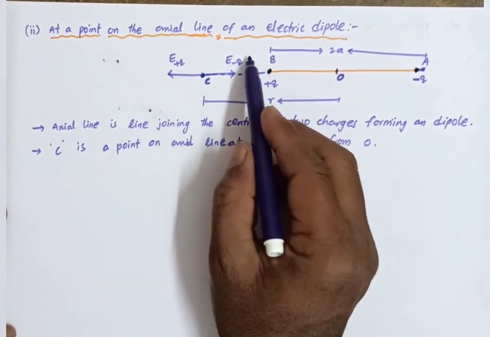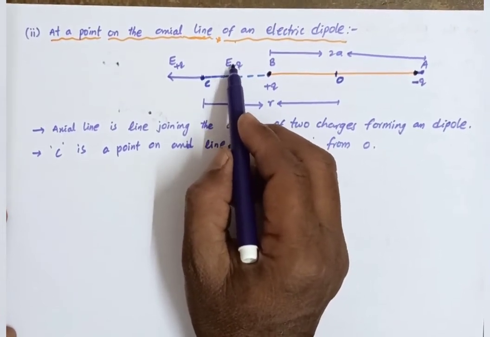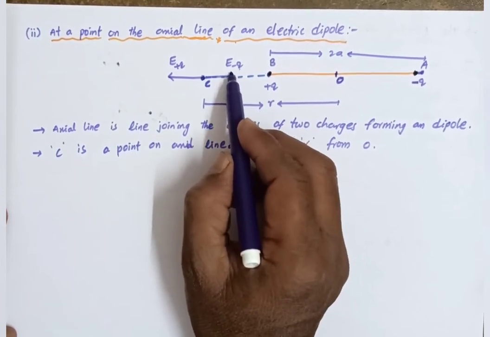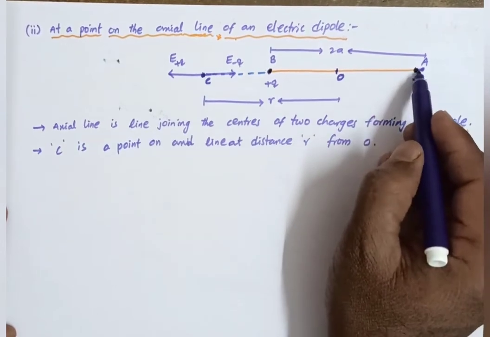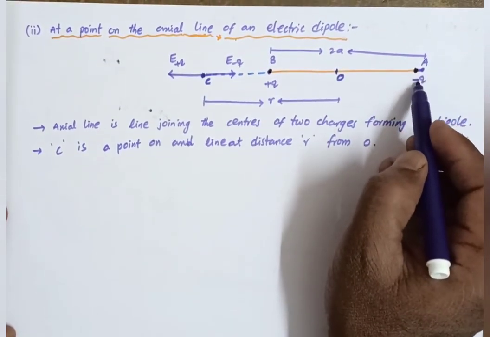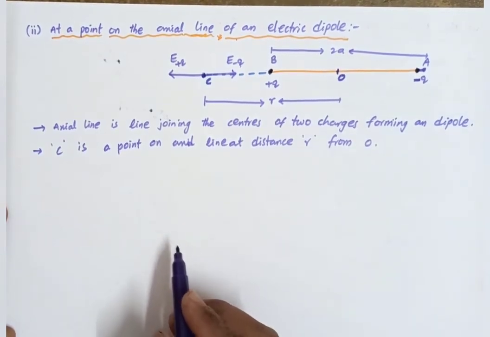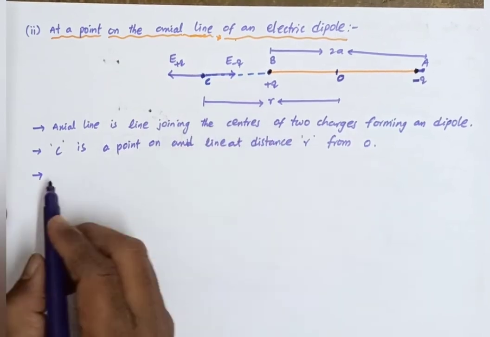And E minus Q, due to the negative charge minus Q, is in the opposite direction of E plus Q.